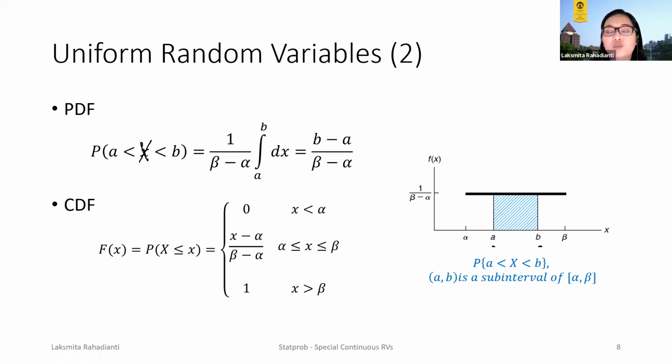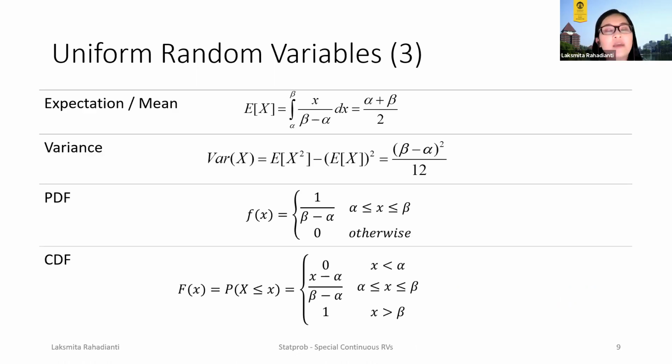Then between the limits, it will be X minus alpha over the interval length. And above that, it will obviously be 1. I have already recapped all of the important properties of a uniform random variable on this slide that you can use as a reference.